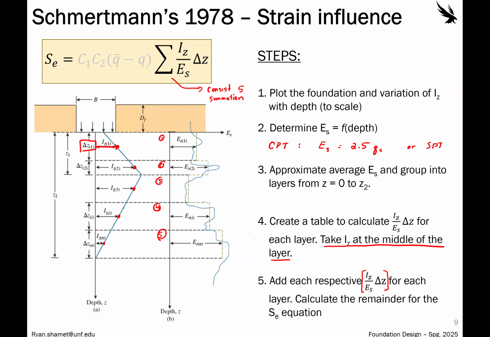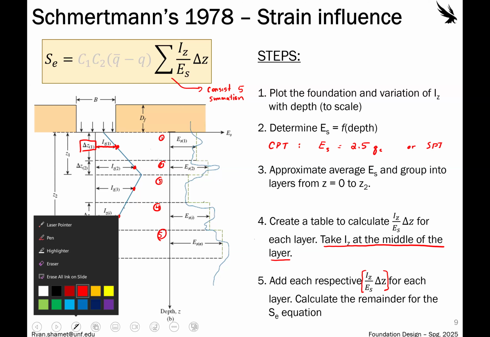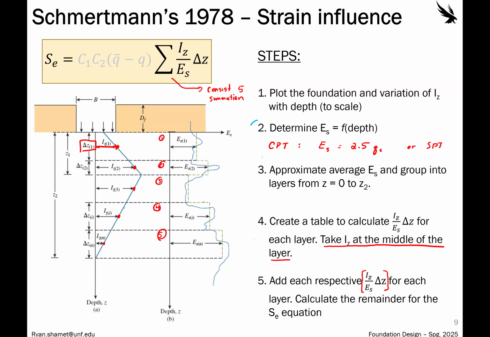So that's what that summation is. The hardest parts for this are first making sure your profile is correct for your influence, and then also the tricky part can be determining this Es, this soil property, with depth.